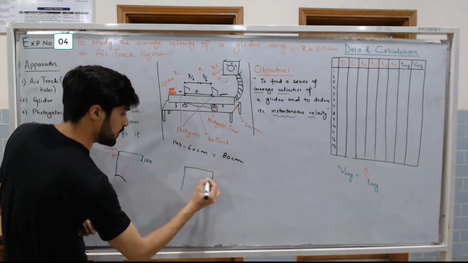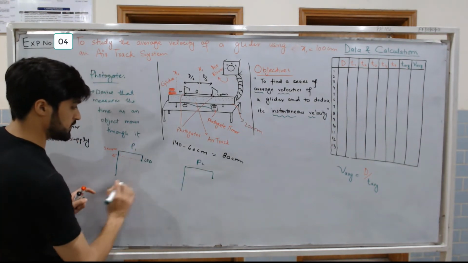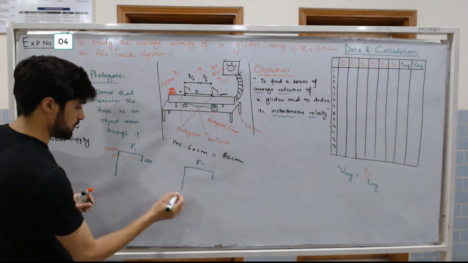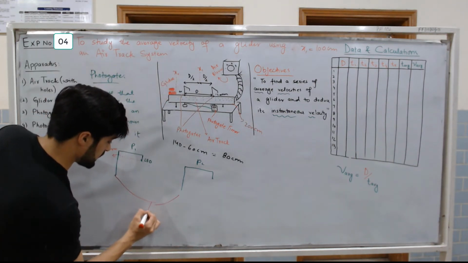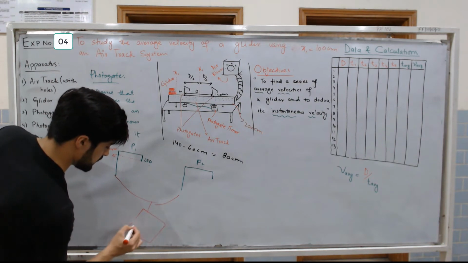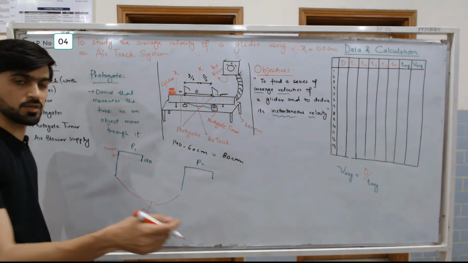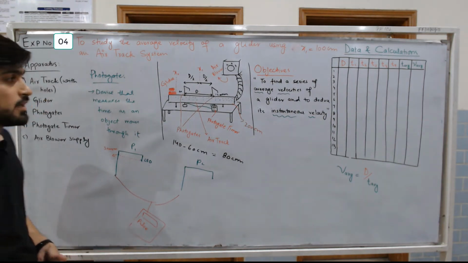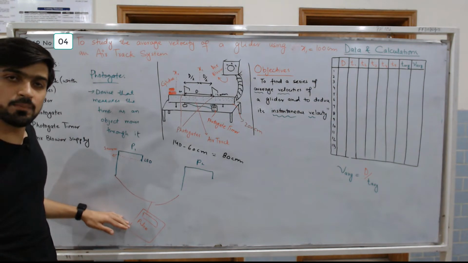Now we are using 2 photo gates, P1 and P2, and the distance between them is D. These two photo gates are connected with the timer as we discussed. There will be a switch and you can move it to the pulse mode. Our experiment will use the photo gate timer in the pulse mode for our trials.